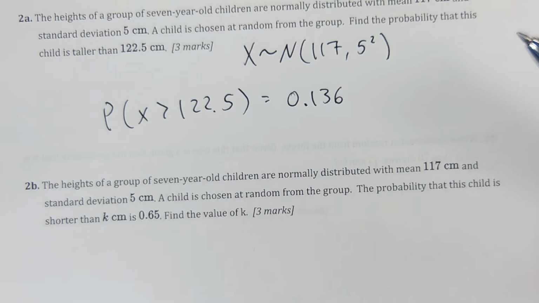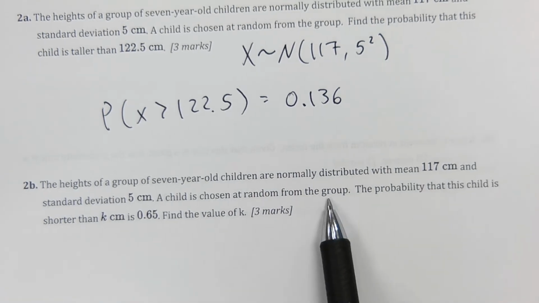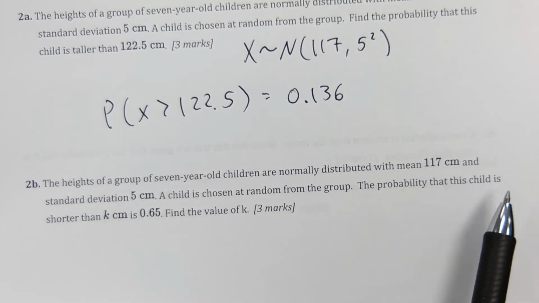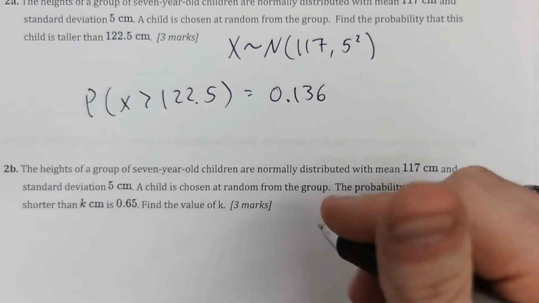The heights of a group of 7-year-old children, no new information. A child is chosen at random. The probability that the child is shorter than K is 0.65. Solve for K. So here's what we know.